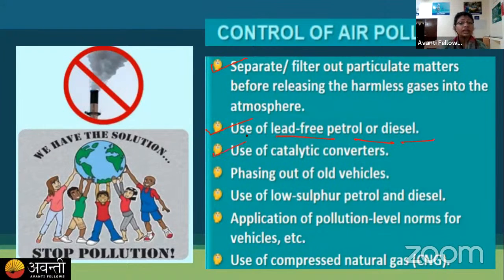Then the use of catalytic converters. These catalytic converters are fitted in automobiles so that the exhaust or the emission coming from the burning of petrol and diesel reduces the emission of particulate matter into the atmosphere. Then phasing out of old vehicles. As our vehicles keep getting old, initially we have to keep up their maintenance on time.